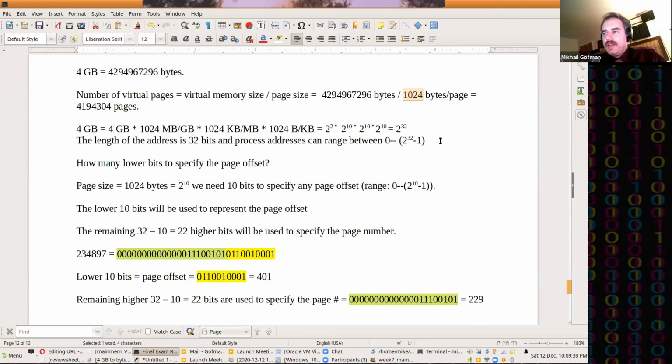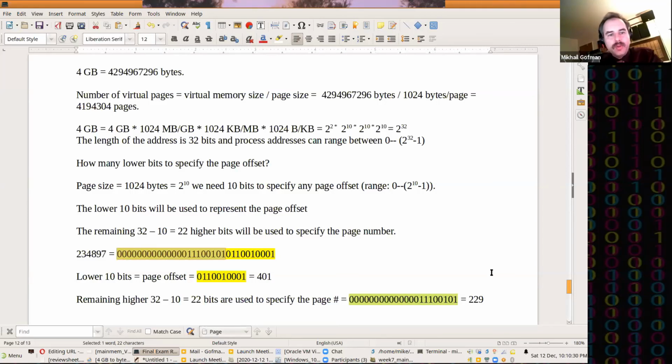To specify any offset there, you would need 10 bits. We previously figured out that the overall virtual address is 32 bits. So to get the page number, we subtracted the 10 lower bits used for the offset from the overall address length, which gives us the remaining 22 higher bits. So this is how many bits we have to represent the page number.